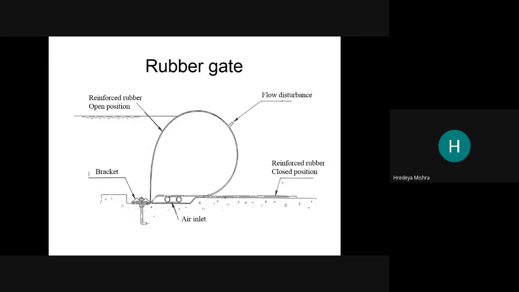With the rubber gate, when we take out the air, the rain force closes the gate, and when we insert air into the rubber, the gate will be open.